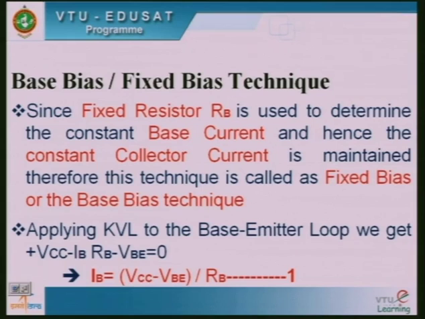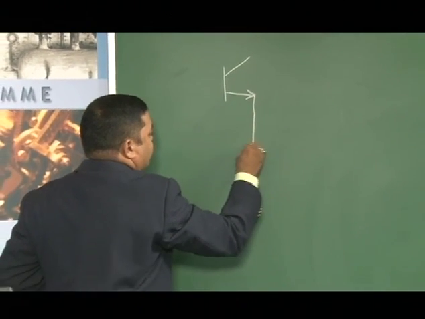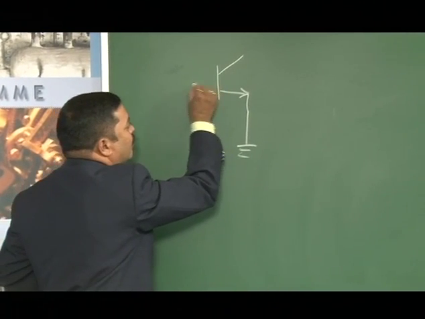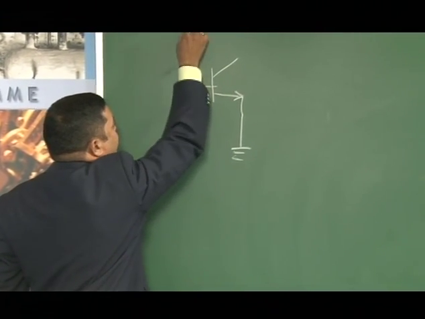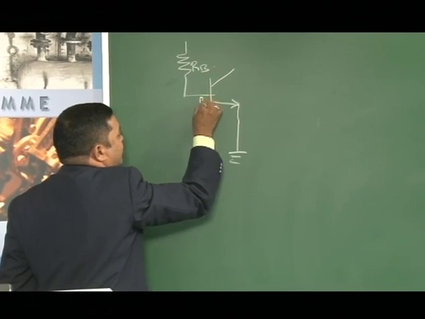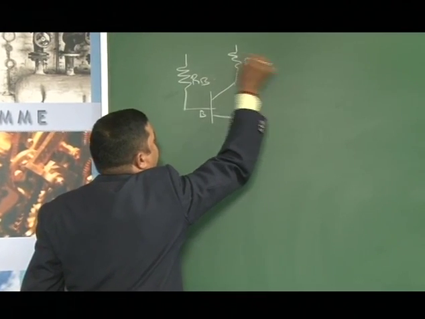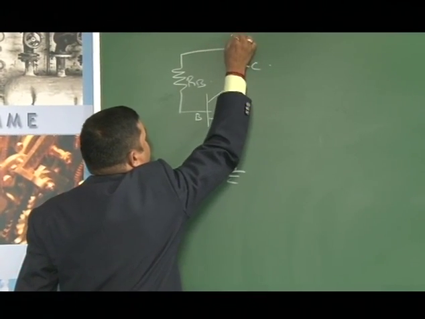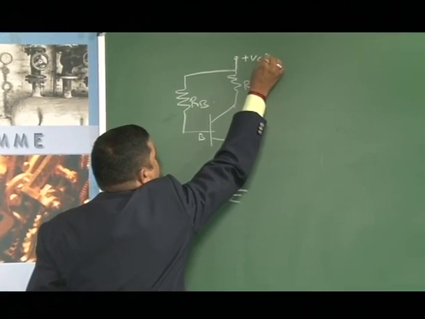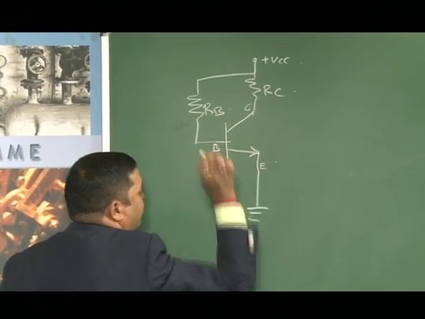So, the circuit is this one, the fixed bias circuit. There is a resistor RB connected between the base and the VCC points. So, this is the collector, this is the emitter.